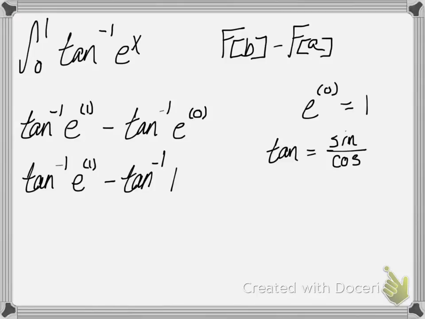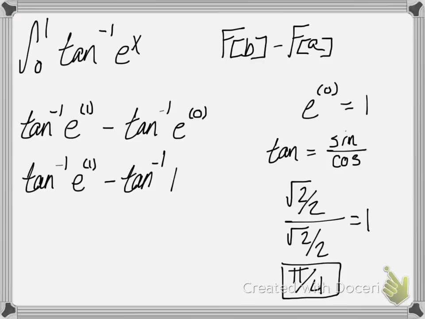Okay, so as far as the angles that we use, what in regards to tangent would give us 1? Well, if sine is square root of 2 over 2 and cosine is square root of 2 over 2, that would give us 1. Alright, and so what angles give us the square root of 2 over 2 for sine and cosine? Well, that's going to be pi over 4.